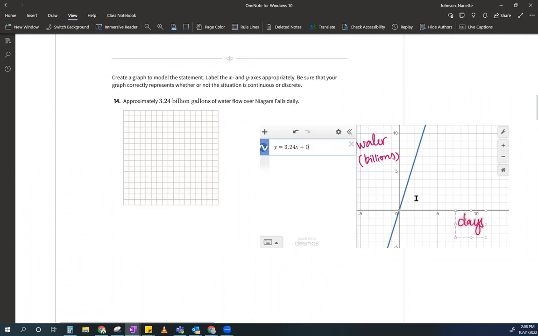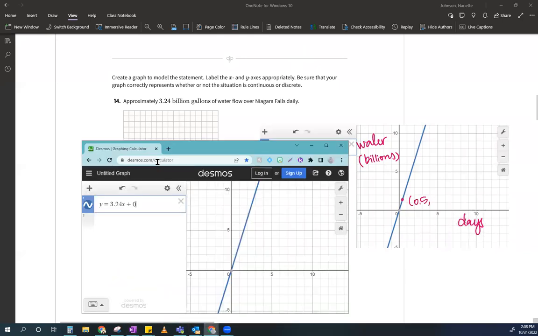And the answer for this one is yes. It makes sense because I want to ask you, can this point right here, whatever that point is, it looks like it's 0.5 comma, what would that be? Let's bring our equation back here. If I plugged in 0.5 here, that would be 1.62.